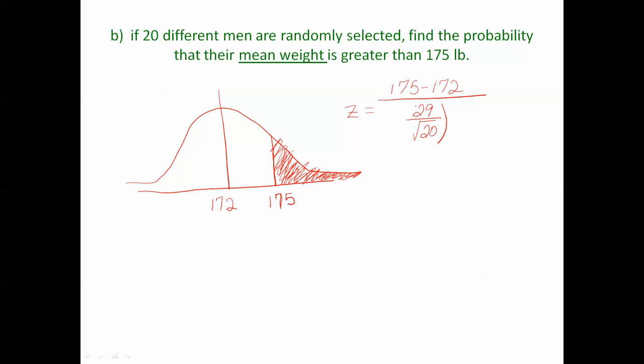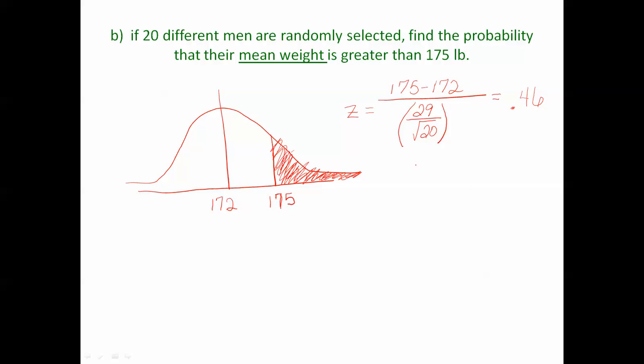Now remember, you need to apply your order of operations and make sure that you divide 29 divided by the square root of 20 first so that you come out with the correct result. This should be done first prior to dividing into the top. You should get a z-score of 0.46.